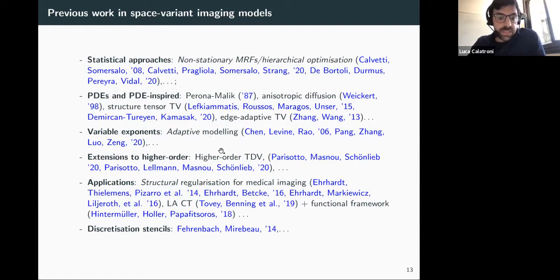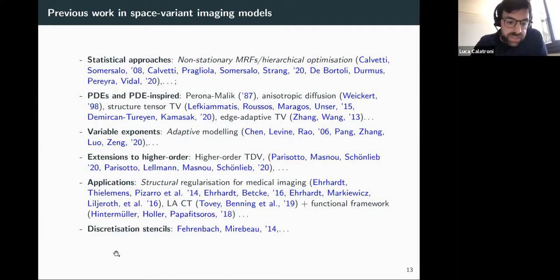Let me say that there are also very recent extensions of directional total variation models to higher order TV type models with some analysis and applications. And as far as applications of these space variant models are concerned, we found that they are often referred to as structural regularization models for quite a variety of medical imaging problems, for instance MRI, joint PET-MRI reconstruction, computed tomography, and so on and so forth.